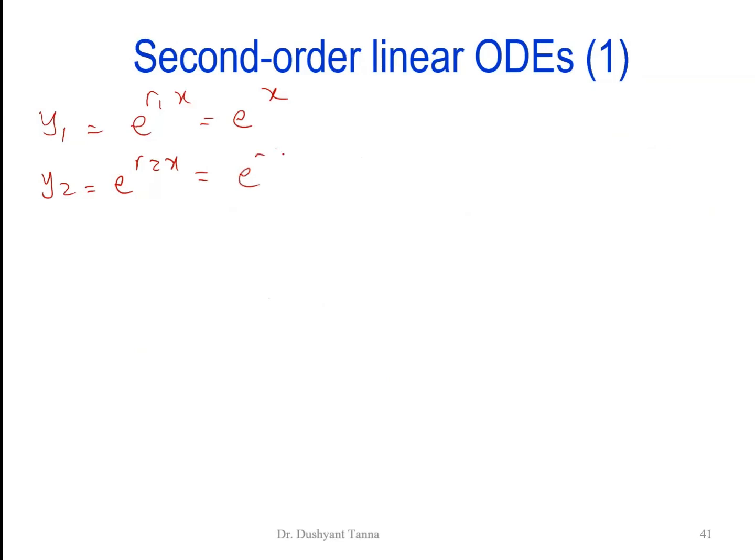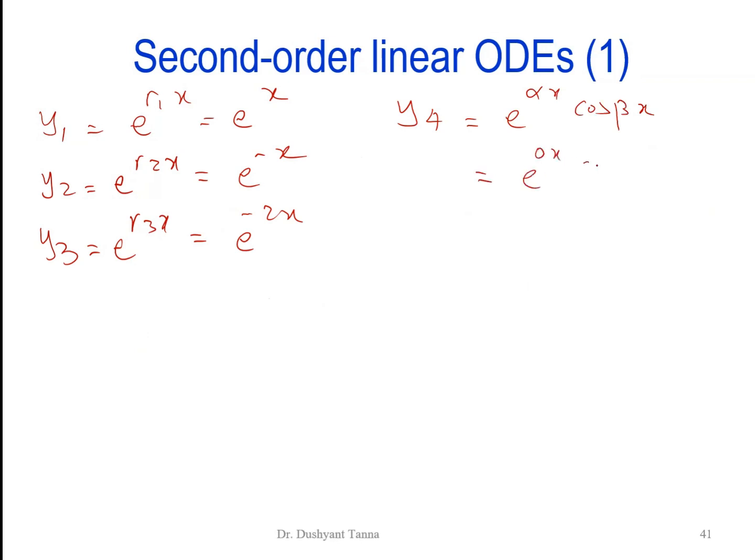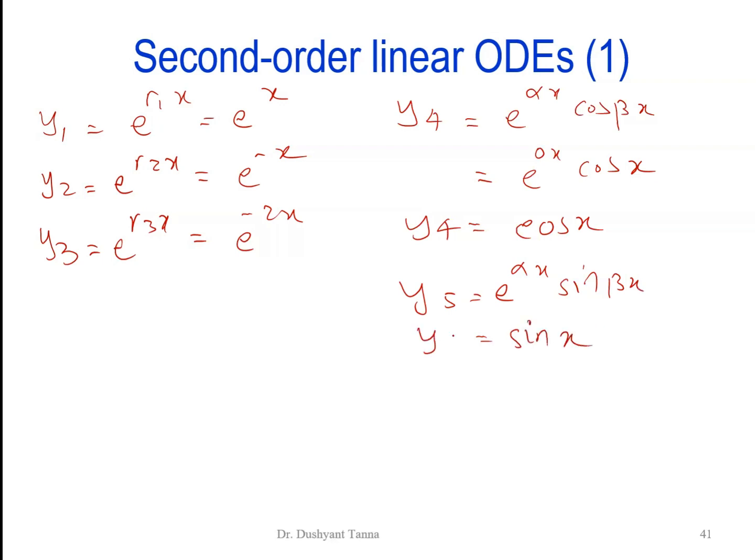Minus x. y3 is e raised to r3x, e raised to minus 2x. For y4, I go with e raised to alpha x cos beta x. So e raised to 0x cos x. So simply cos x, that's my y4. And y5 is e raised to alpha x sine beta x. Plugging in the value, I'll get sine x, y5.